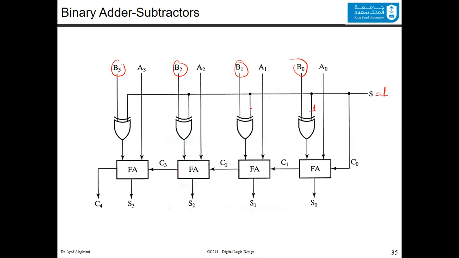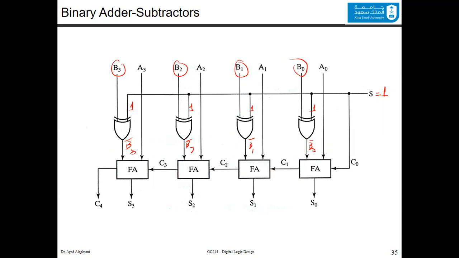So there is a 1 here. And if you flip all of them, you will have B0 bar, B1 bar, B2 bar, and B3 bar, generating the 1's complement of B.